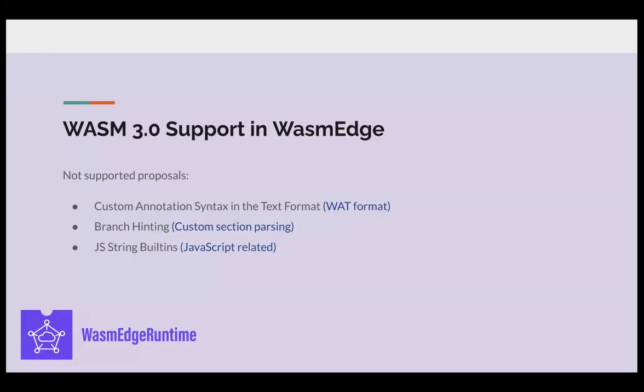So I believe we can also put custom section parsing as one of our new items inside the roadmap. If we have this, at least we can have custom section parsing as a basic feature, and then we can have some people work on branch hinting, so it will not become a blocker of this proposal.